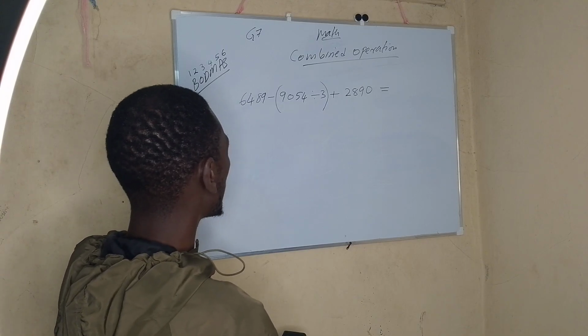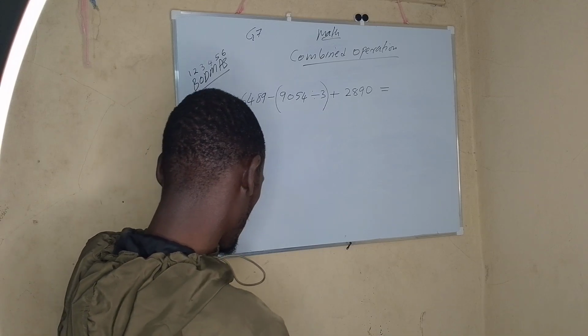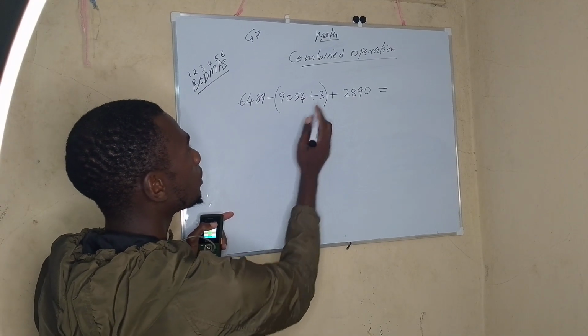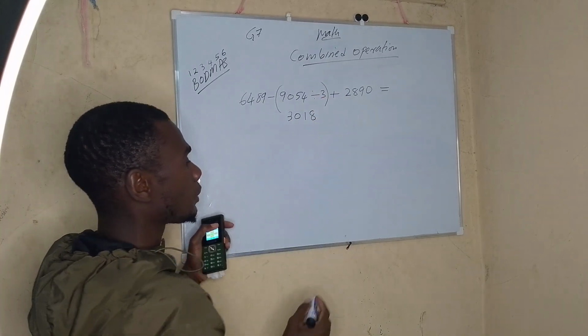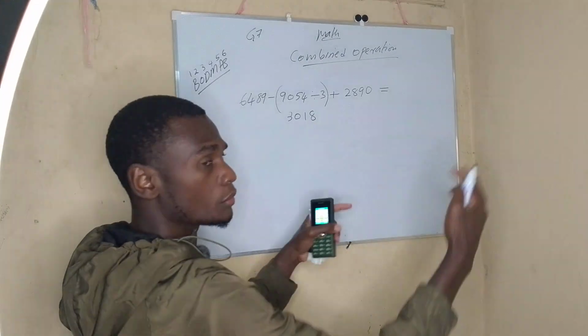That is 9,054 divided by 3. So that is 3,018. So once you work it out, put that exact number here under whatever you are working out, so that it doesn't confuse you.